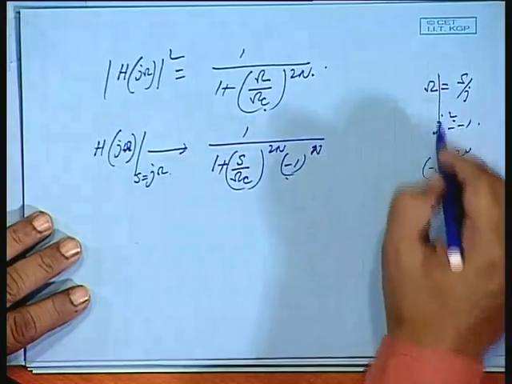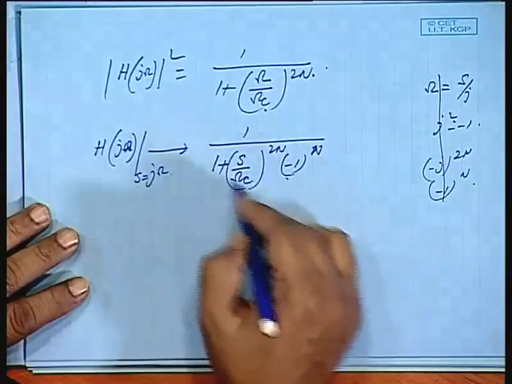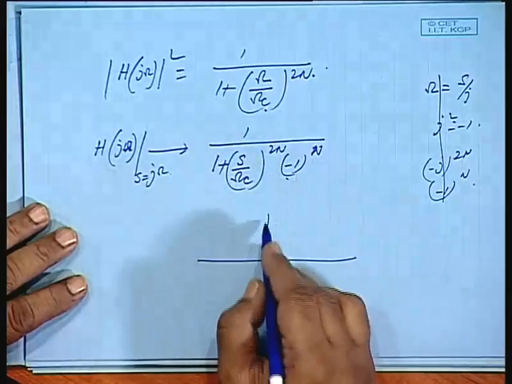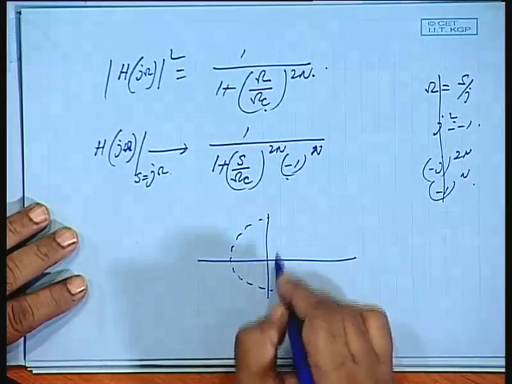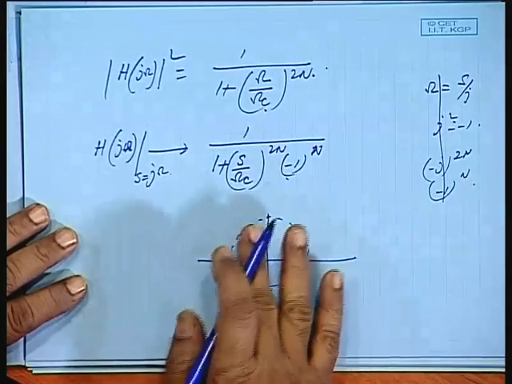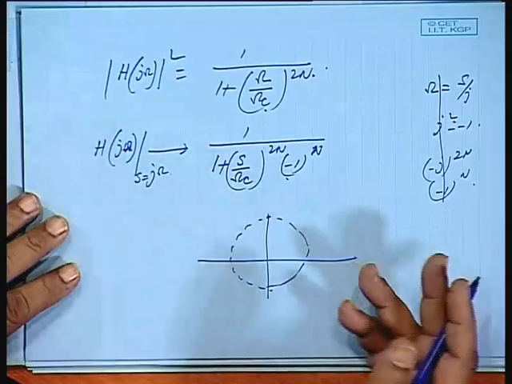If you make a substitution like this, then get hold of the left half plane roots. This will have 2n roots, n on the left hand side, n on the right hand side. From there you calculate the left hand side roots and correspondingly generate the polynomial.